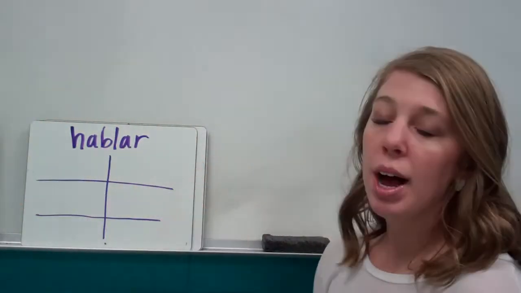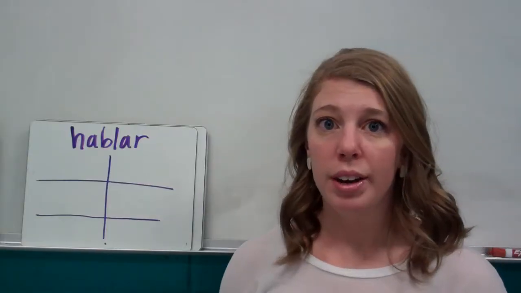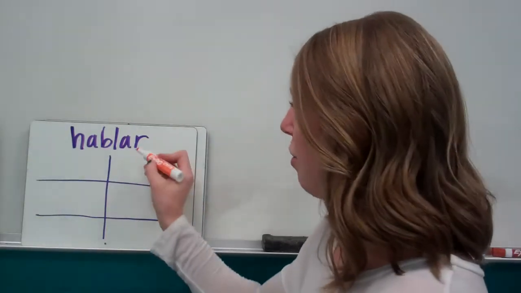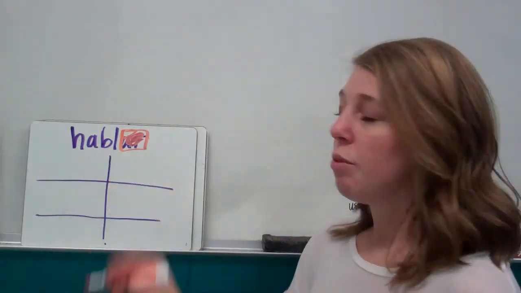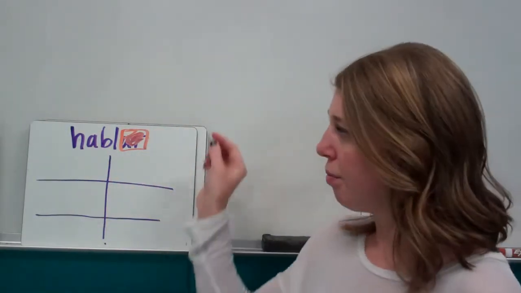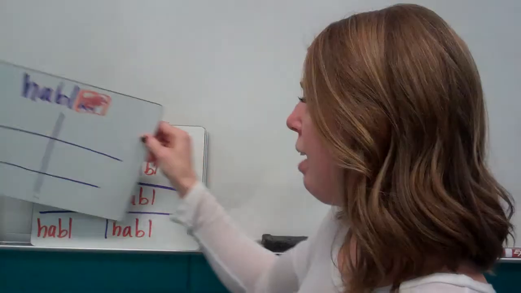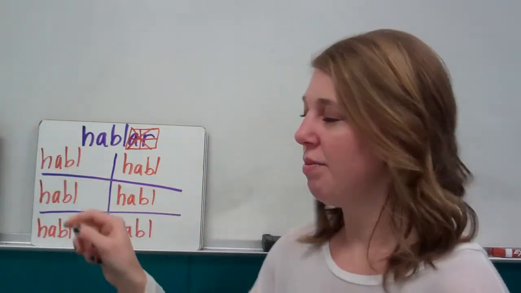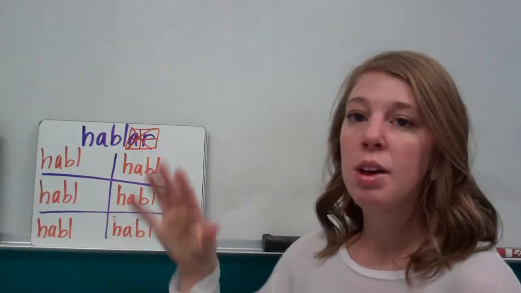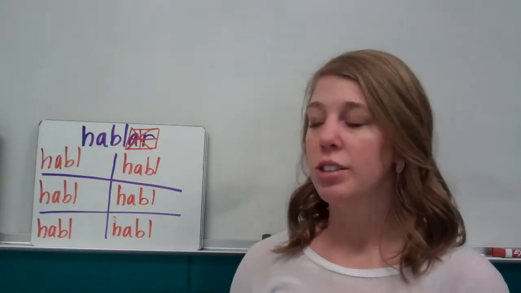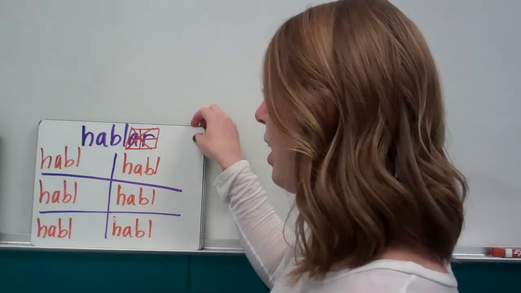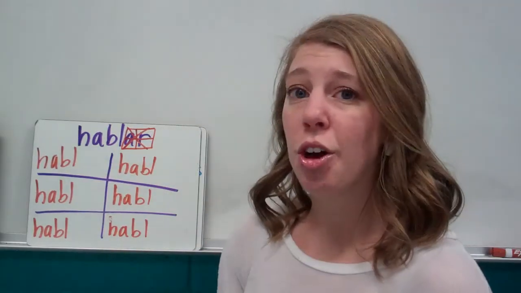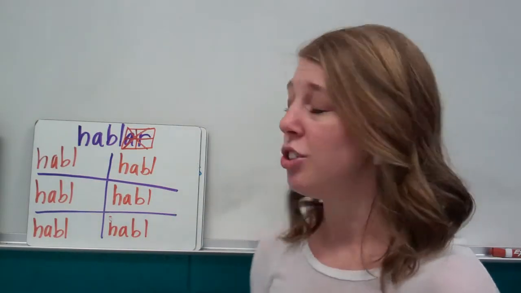Okay, so let's do some practice. We have our verb hablar. So step number 1 is to drop the ending. So right here, we're going to put a little box around it and scribble it out, and we're left with habla. Okay, so I've just done it really, really fast. We put habla in all the blanks. Okay, so this is the finished product of step number 1. Then step number 2 is to go back and add the ending that matches the subject.